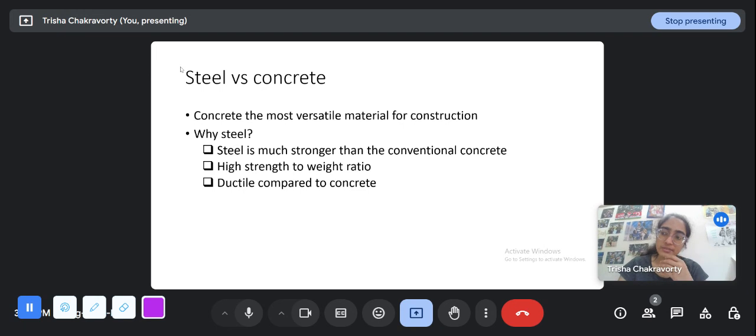So before collapse there will be a lot of warning time, and as engineers, or even as residents, people can foresee that maybe this is about to fail, so we can take sufficient measures like repair or we can evacuate. During earthquakes or extreme loading, if there is a sudden brittle failure, there will be loss of life and loss of property, and there will be no chance of saving.